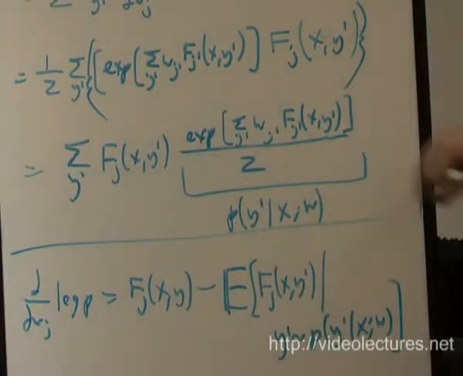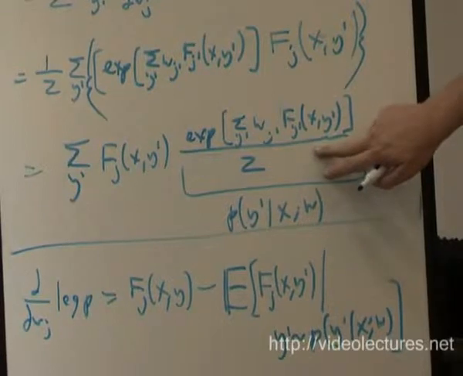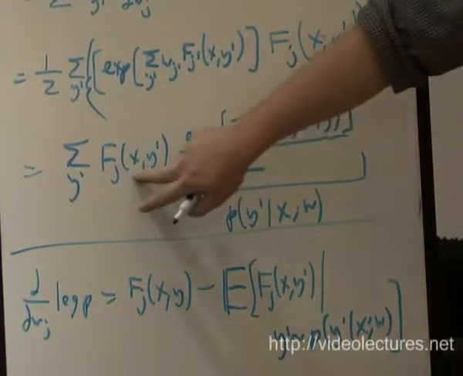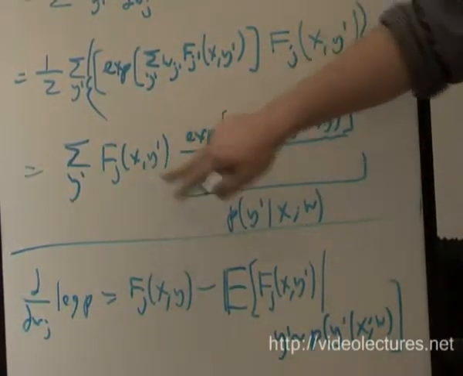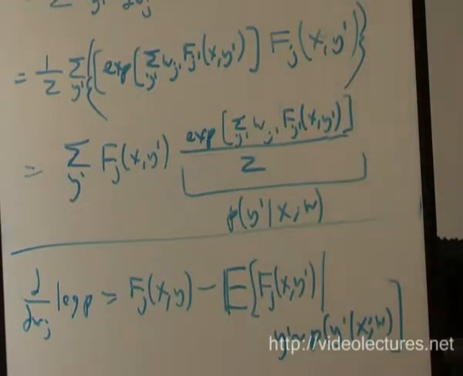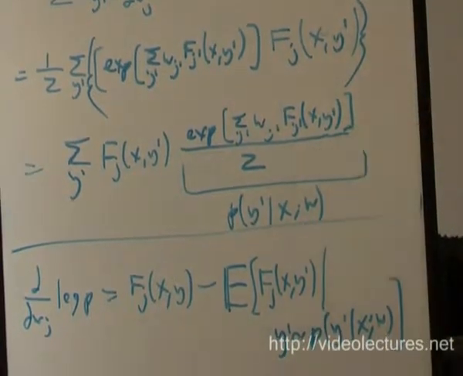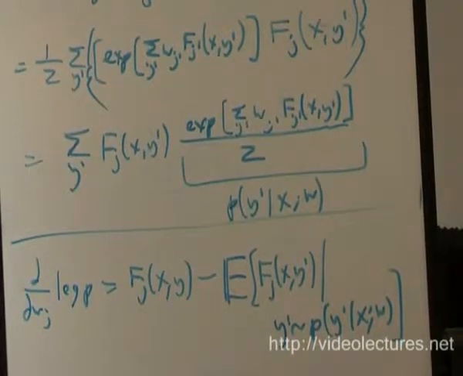So, see, this is the definition of an expectation. It's a weighted average of the fj values for all y primes, with each y prime weighted by the probability of that y prime. So it's the expected value of fj, x, and y prime.